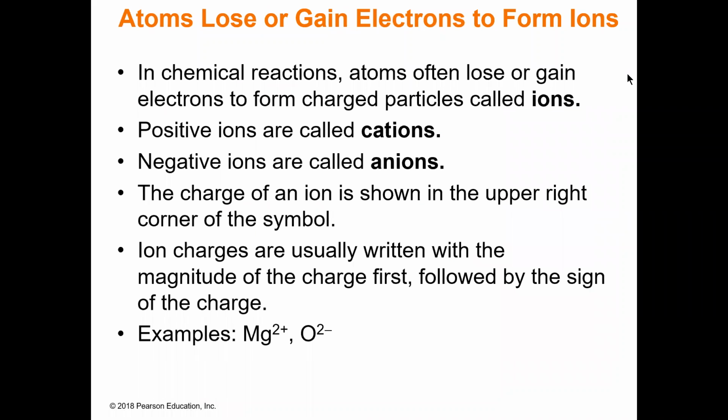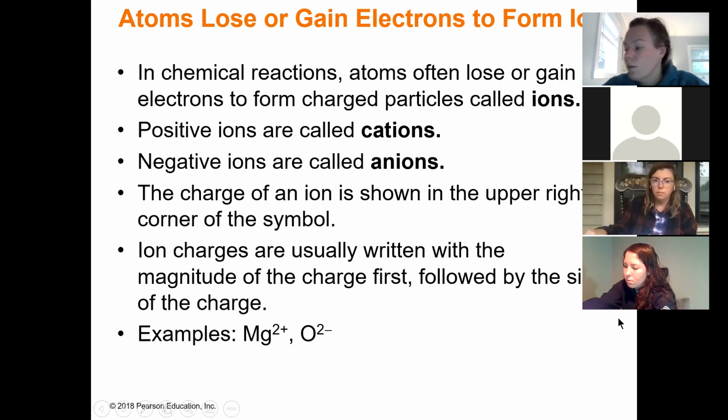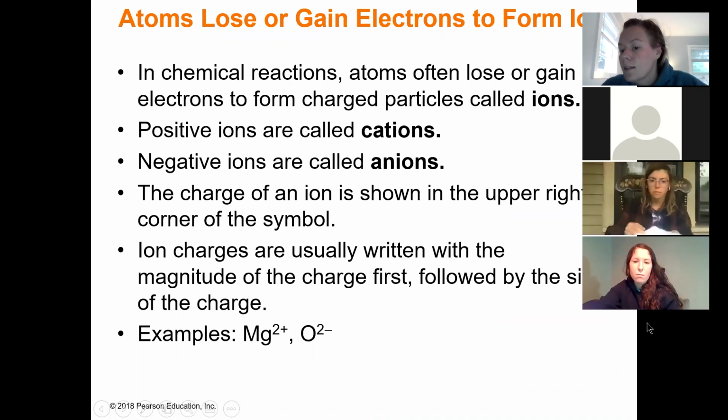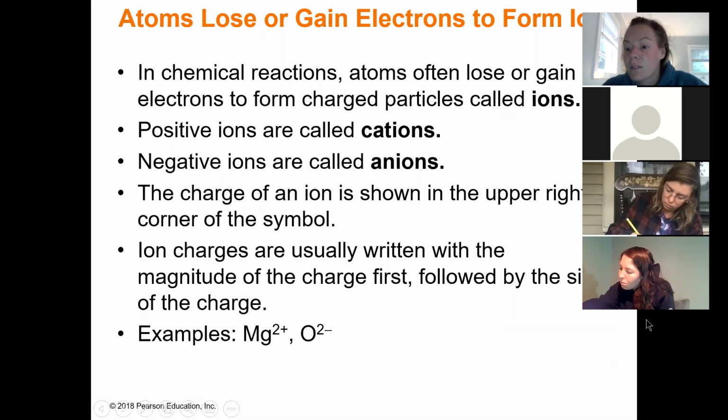All right, so we had talked about how you can't change the number of protons for a given element. So let's find carbon on the periodic chart. Carbon has an atomic number of 6. So that means it has to have 6 protons. Can't change the number of protons.